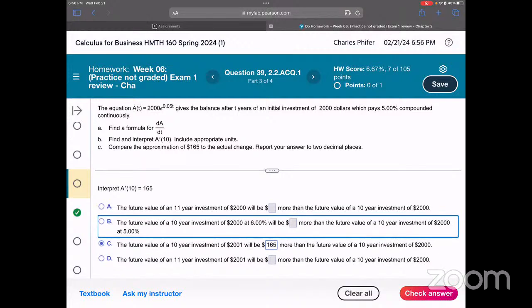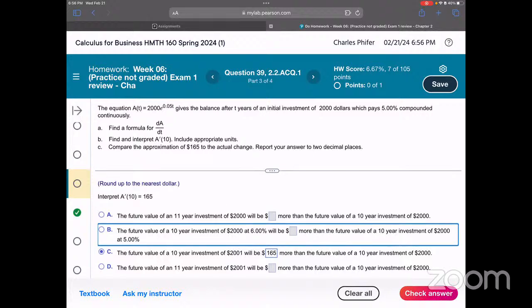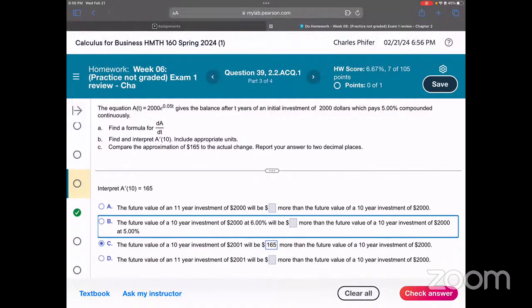Let me see. 6%? Doesn't sound right to me. The future value of an 11-year investment of $2,000 will be $165 more than the 10-year.